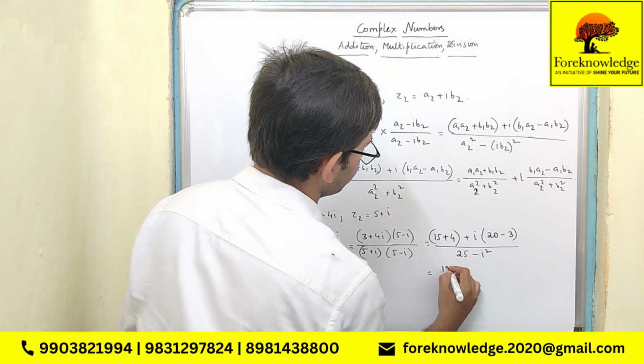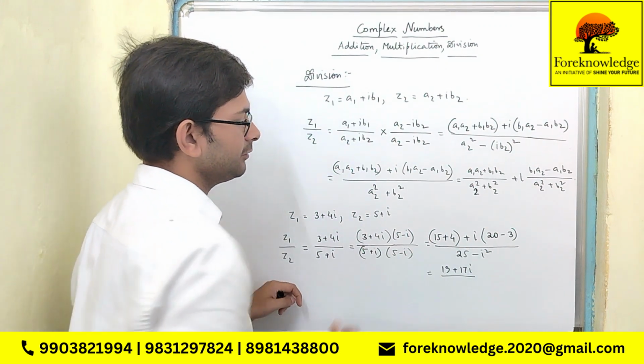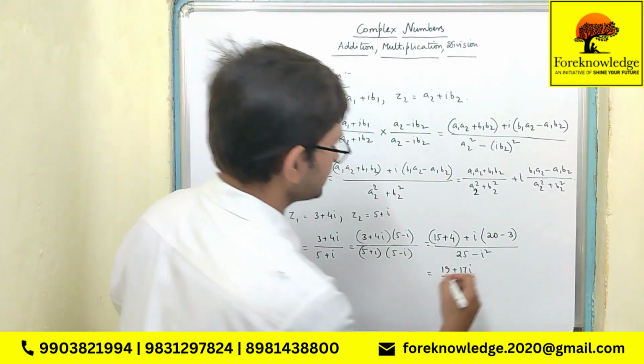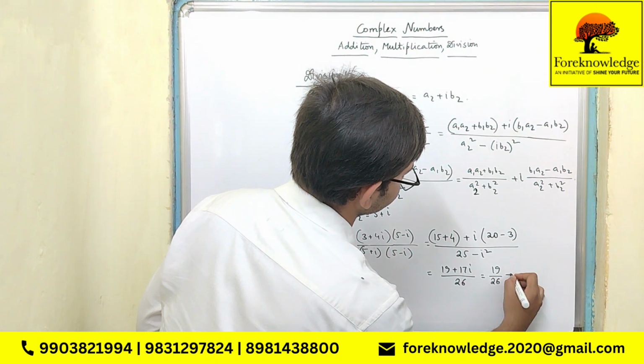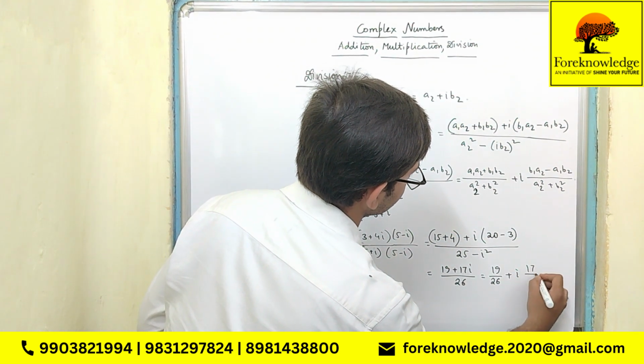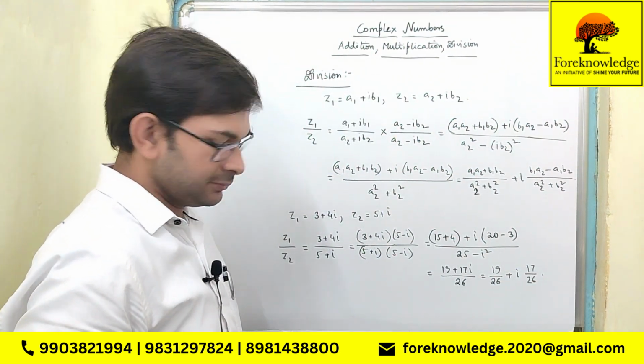So 19 plus 17i divided by 25 plus 1, 26. So the answer will be 19 by 26 plus i times 17 by 26. Okay, this is the result.